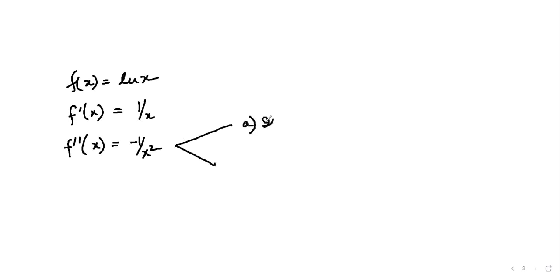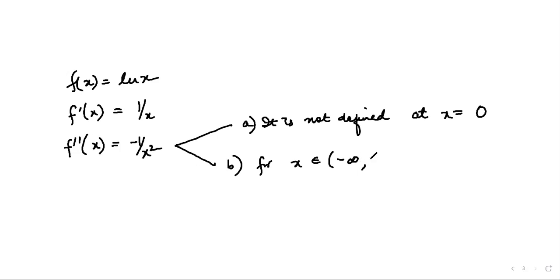First, it is not defined at x equal to 0. Obviously, if x is 0, it gives minus infinity, it's not defined. For all other values of x from minus infinity to infinity, except 0, I'm taking all other values of x.